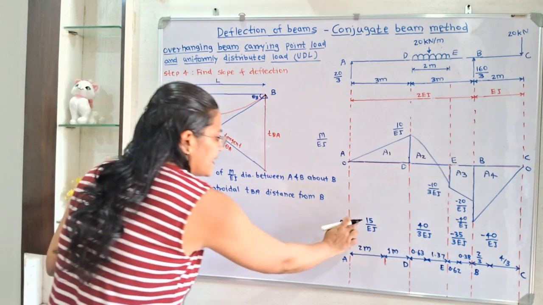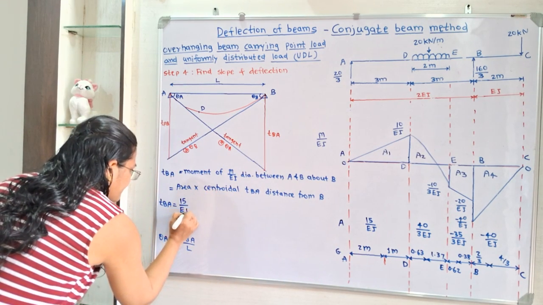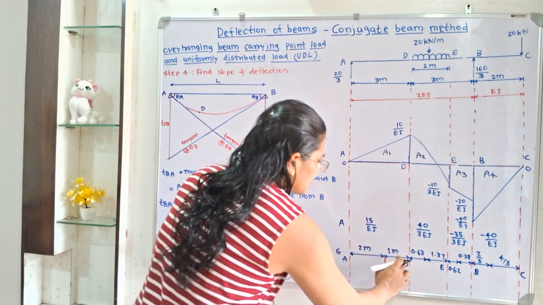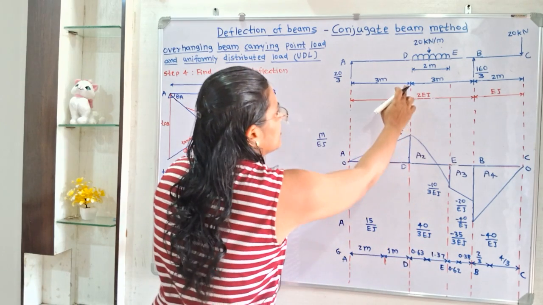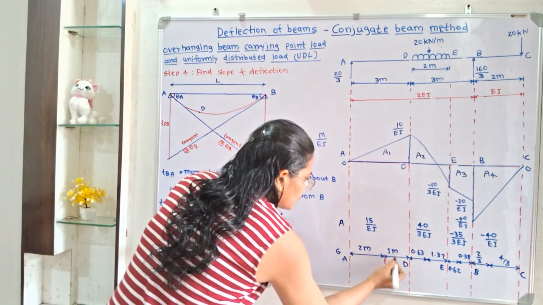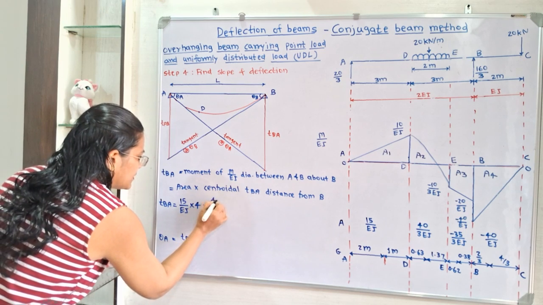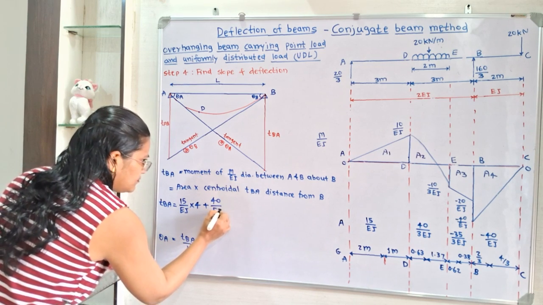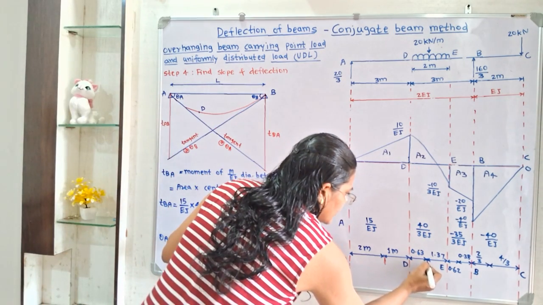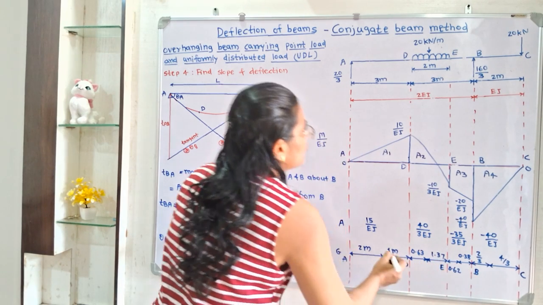Now for area A1 I will take 15 by EI multiplied by the centroidal distance. So the centroidal distance, this distance D to B. D to B distance is 3 meter and this centroidal distance is 1, that is 4, plus 40 by EI multiplied by the centroidal distance. So here this centroid is there. Now from this centroid up to B distance we have to measure.